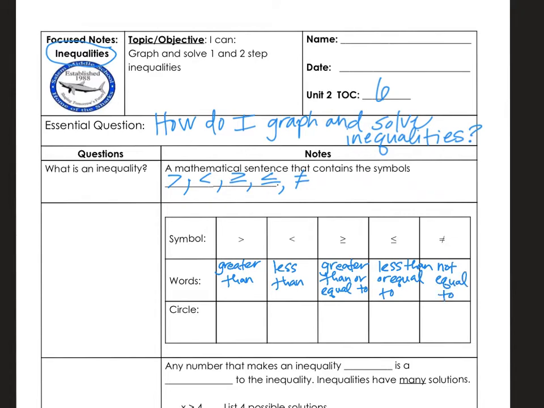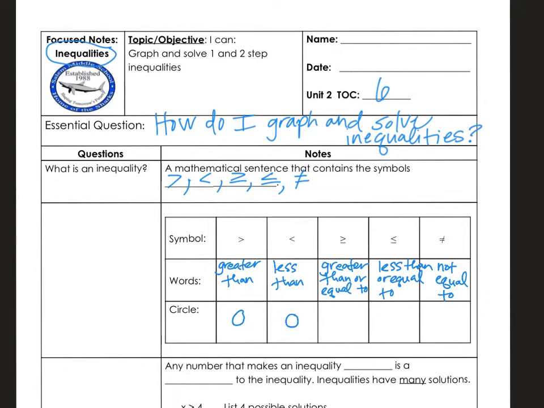Okay, so right underneath, I'm going to tell you what circles are associated with each of these. That will come into play in a few minutes when we graph some inequalities. So you don't really need to worry about it right now, but I do want you to write this down. Greater than and less than have open circles.